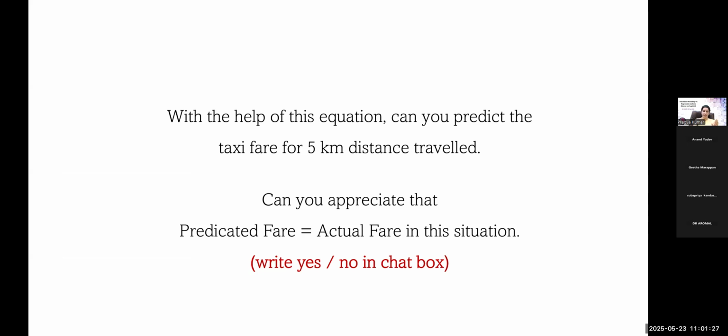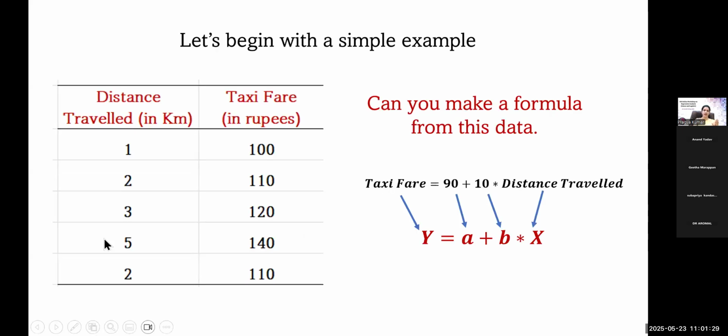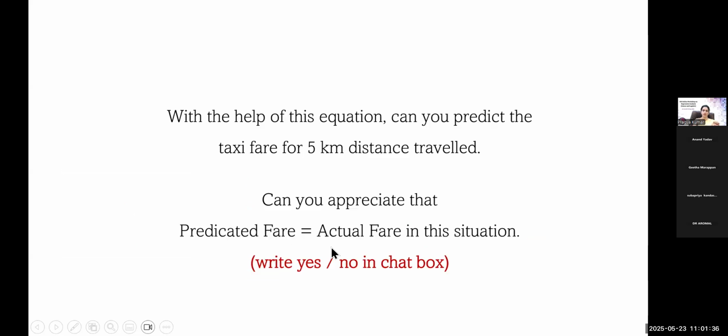And if you see 5 kilometer, what is the actual? Actual is also 140 and predicted is also 140. So can you appreciate that the predicted fare is equal to actual fare in this situation? Please write yes or no in the chat box. Subha Priya is writing yes. Dr. Ayushi, Dr. Ajay, yes.